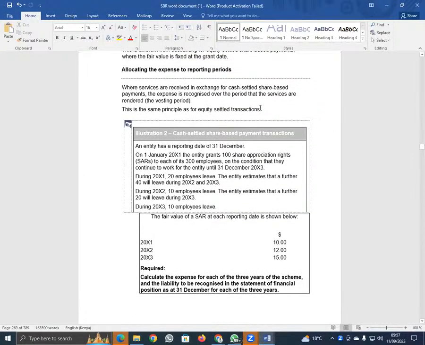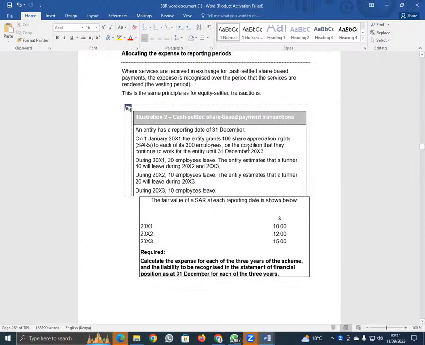The last thing, cash settled. You can write there cash settled share-based payment. It's here. Cash settled, share-based payment.